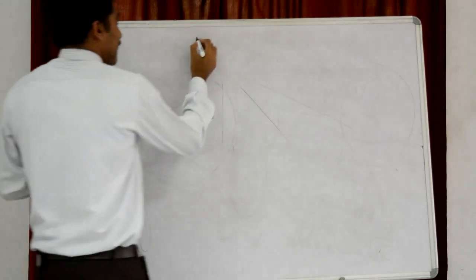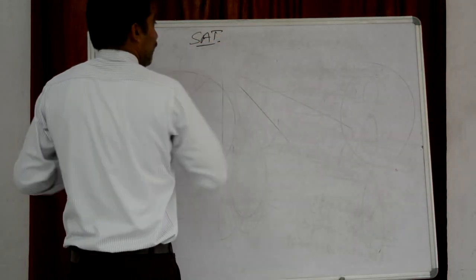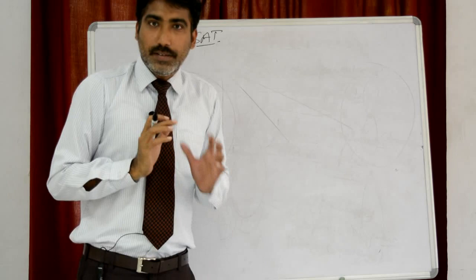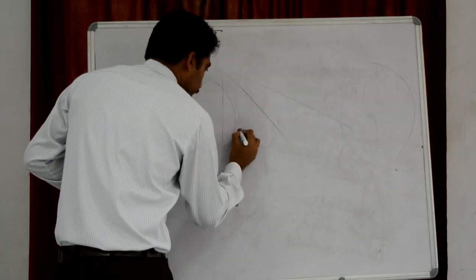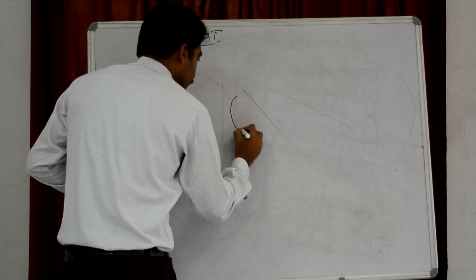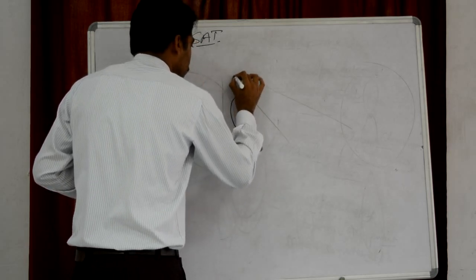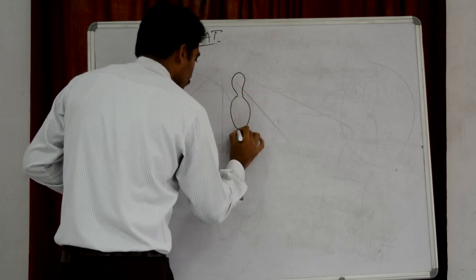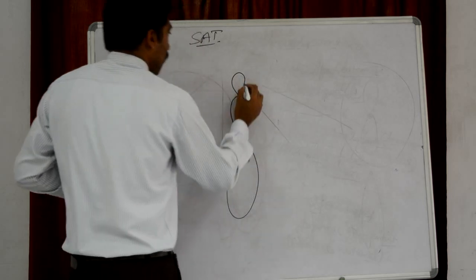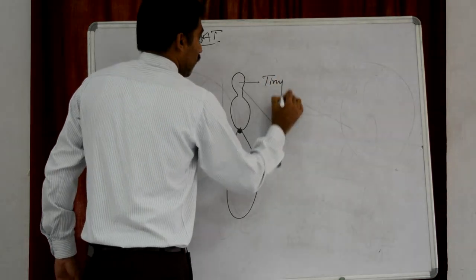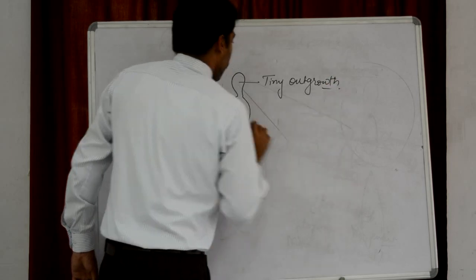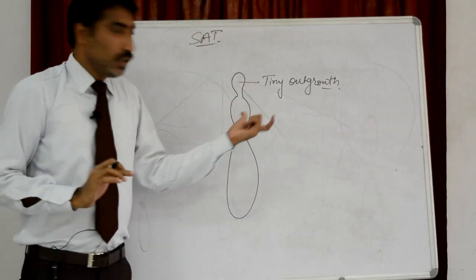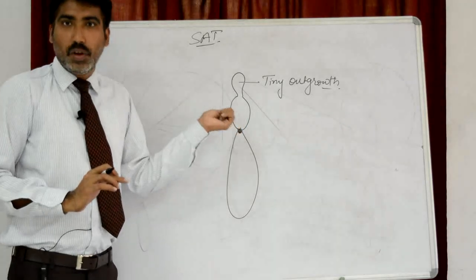So the last special type of chromosome is the satellite chromosome. Why do we call it a satellite? Because here we observe one tiny outgrowth at one arm of the chromatid of the chromosome.